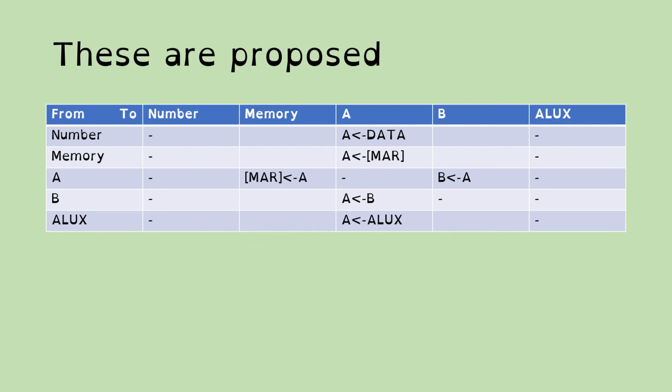When I first met this, I thought it would make more sense the other way around, with data arrow going to the right, A. My justification, though I don't know if this is why it evolved this way in the first place, is that this looks very like a programming language: if you had a variable A and a variable data, you would write A equals data, and that would take the value of data and put it into A. It's the same way around as in a programming language.